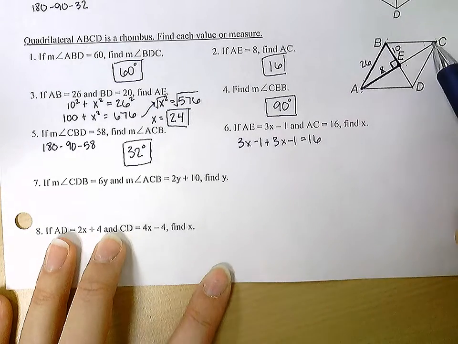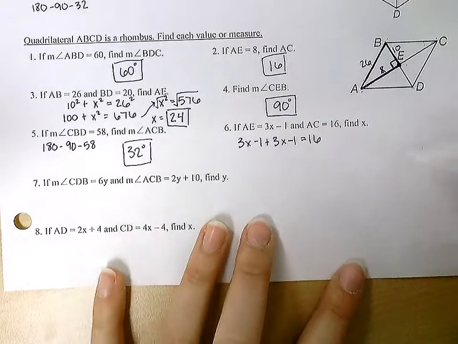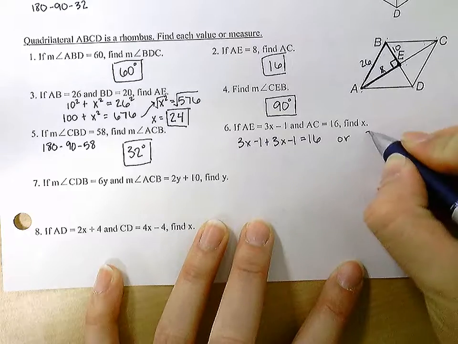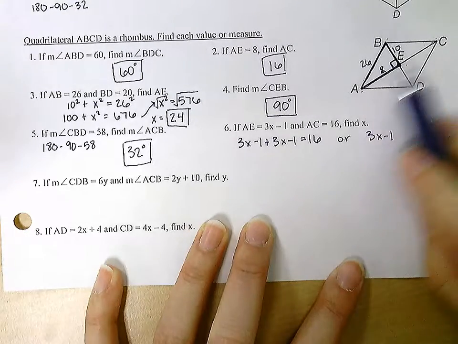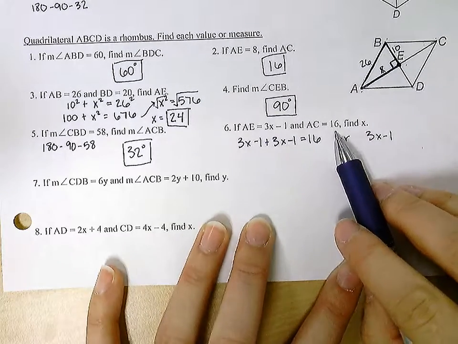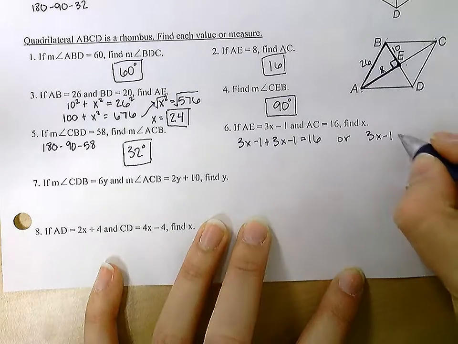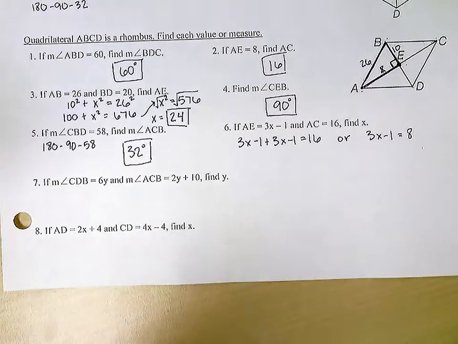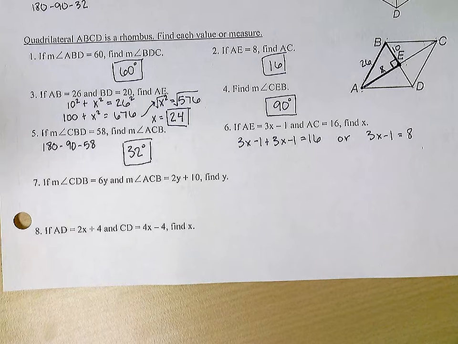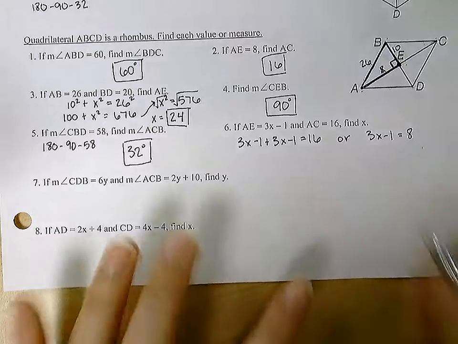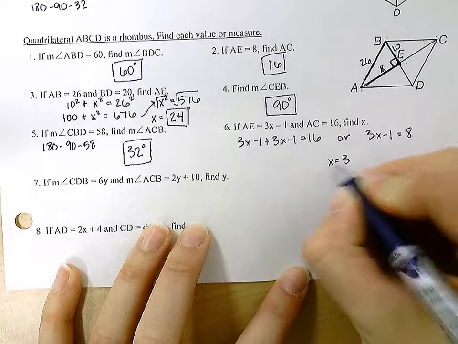Or you could take half of 16 and set it equal to 8. So that section AE would have to equal 8. Either way, you should get x is equal to 3.